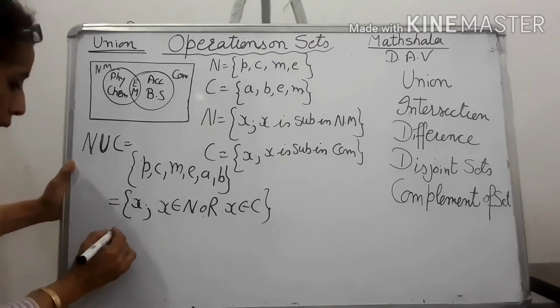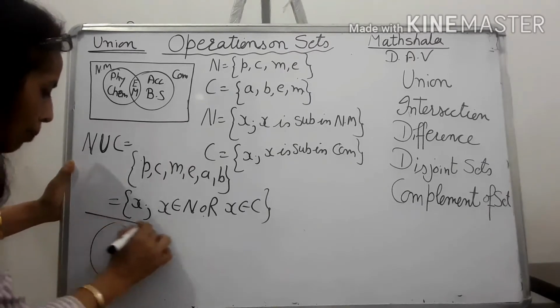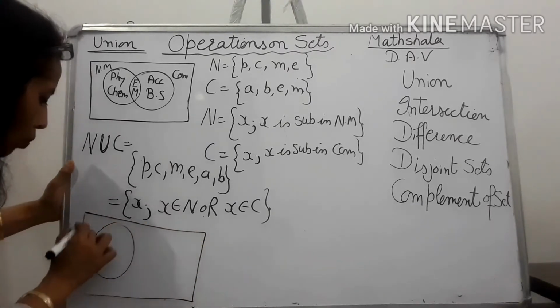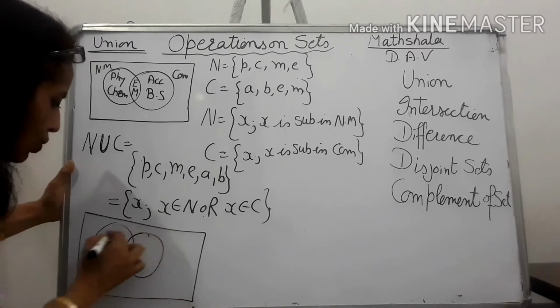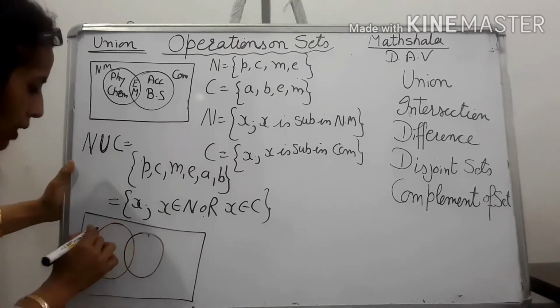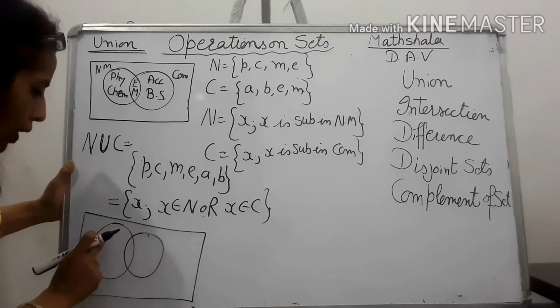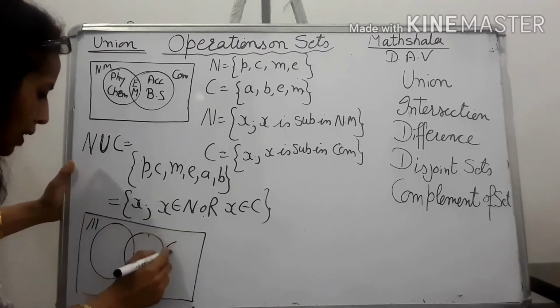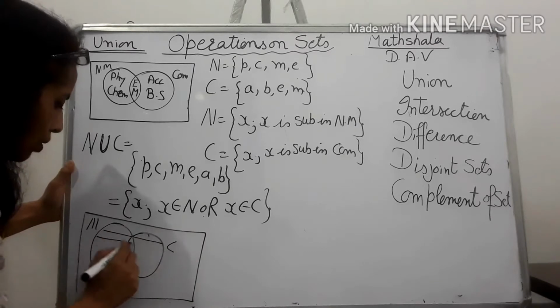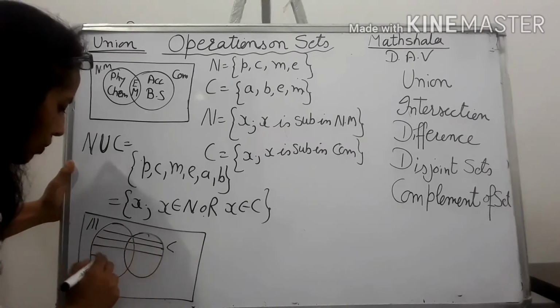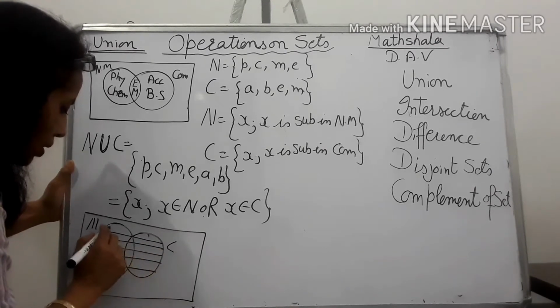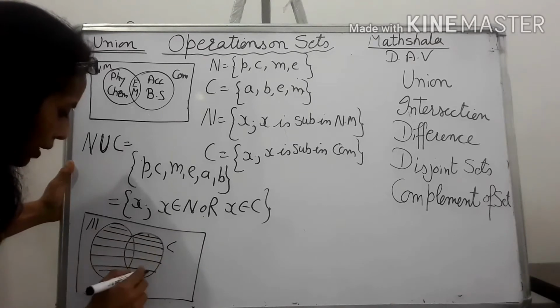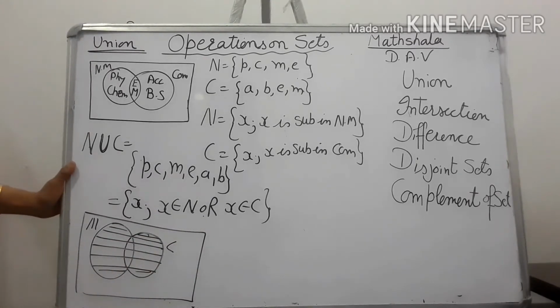So, if we represent it with the help of a Venn diagram, what is the union of two sets? It contains elements of either this set or this set, N, C. So it means the whole is shaded. This shade represents the union of two sets.